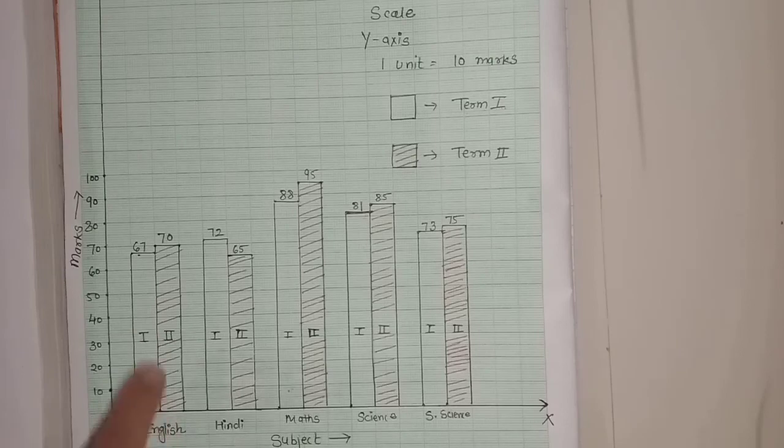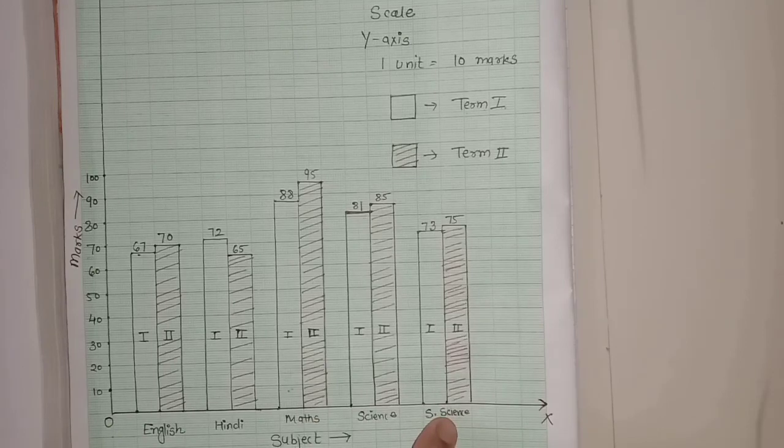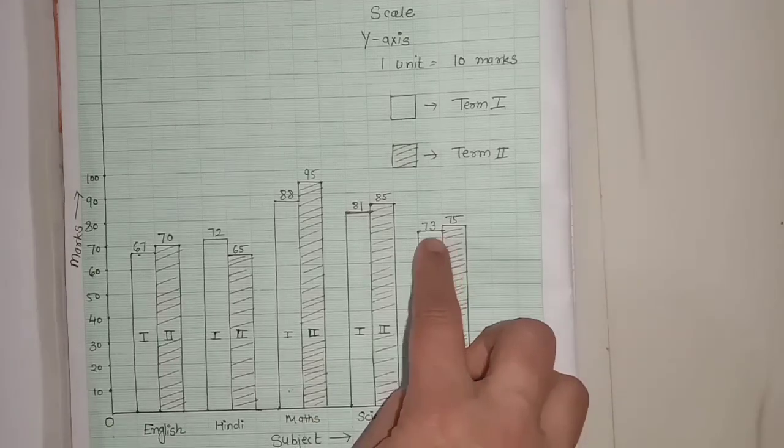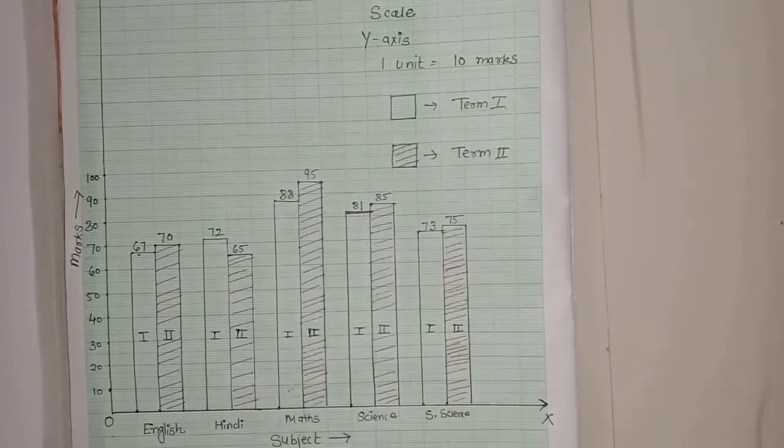In English the difference between term 1 and term 2 marks is 3. So in social science he is improving least, because the difference between term 1 and term 2 marks is only 2. Okay, so the second question's answer is social science.